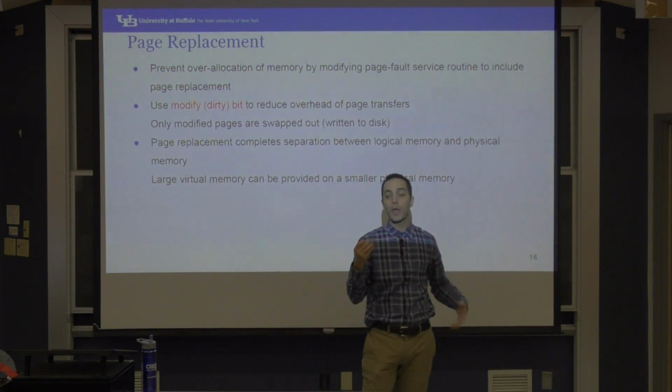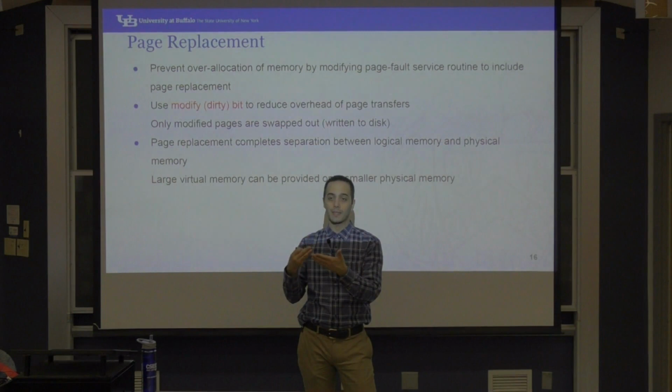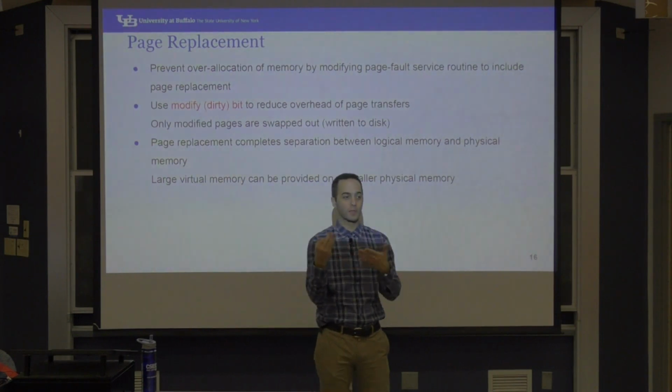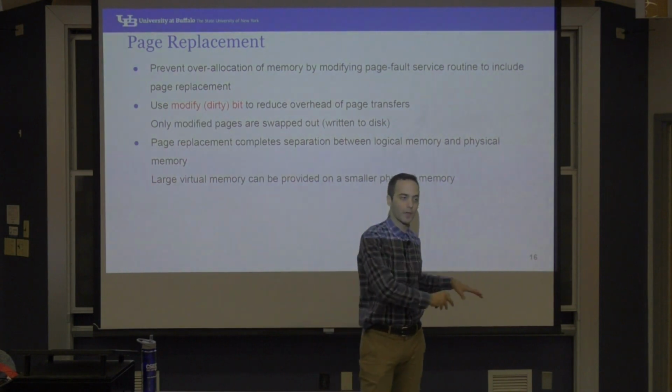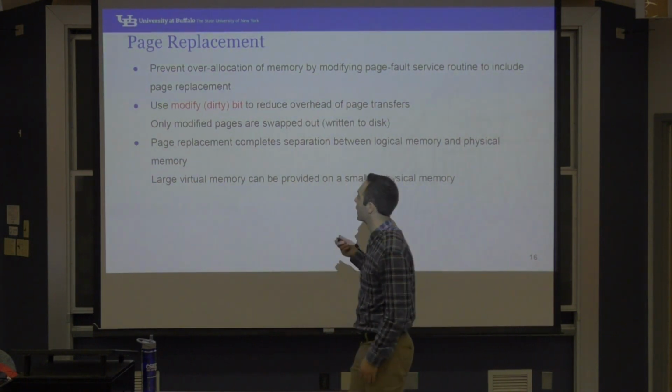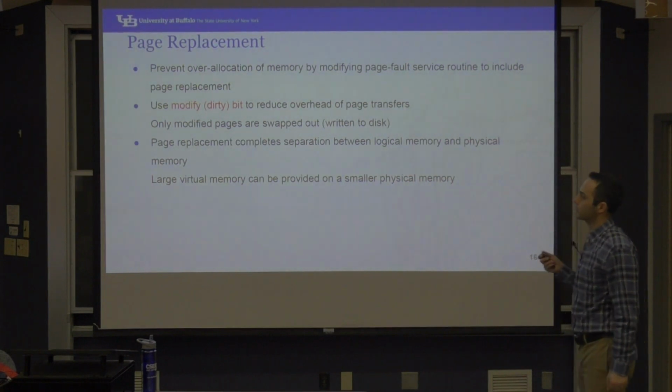But if this page is dirty, then it's modified. If I just drop it, then I will lose data. I don't have the updated information on the disk. So then I have to actually swap it out and save it. So we only write the modified pages.